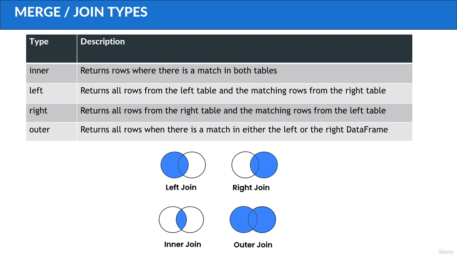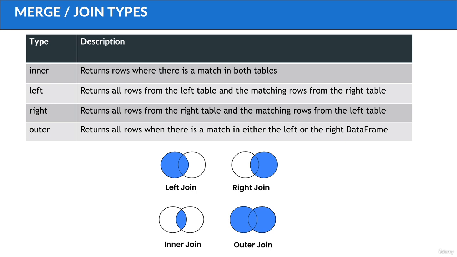We've already covered inner, which, as we can see here from the description, only returns rows where there's a match in both tables. We saw this in action before when our merge only returned products where there was a matching product ID in both tables, so product ID 2, 3, and 4. Next, we have the left merge, which will return all the rows from the left table and then the matching rows from the right table.